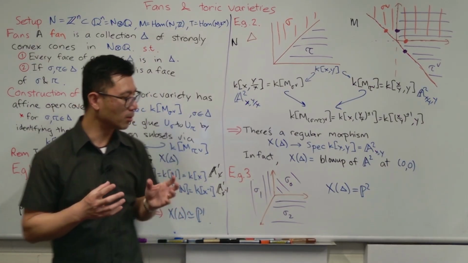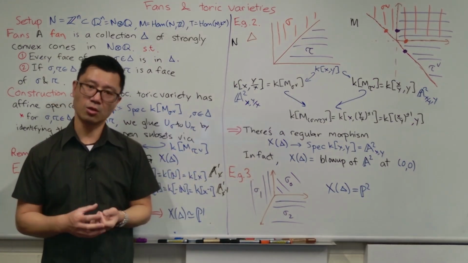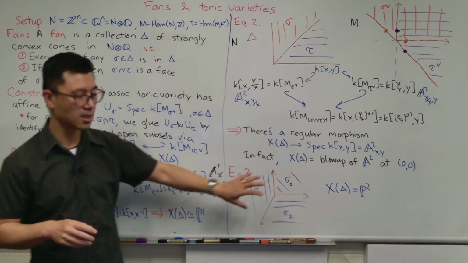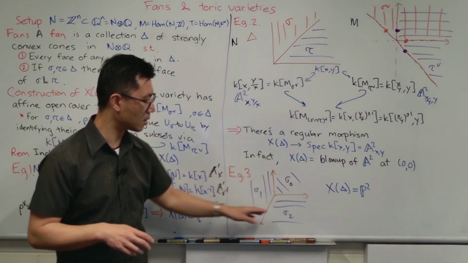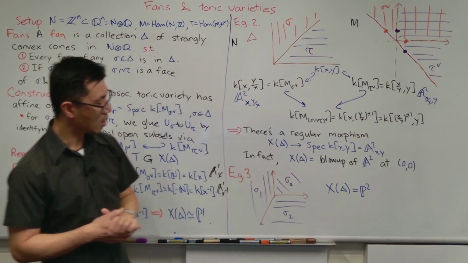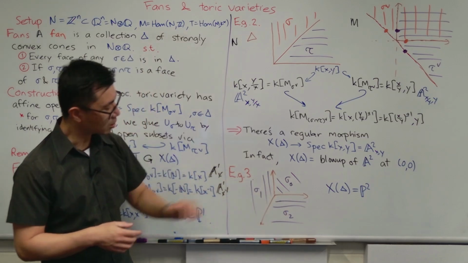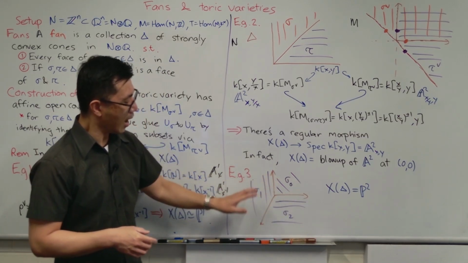And the final example is something that hopefully you would have seen when I introduced toric varieties in the special case of the projective plane, and that's this one here. Okay, so if you look now inside the n equals 2 case, Q^2, you have three two-dimensional cones, and you can see that they're all strongly convex. And how do they intersect?